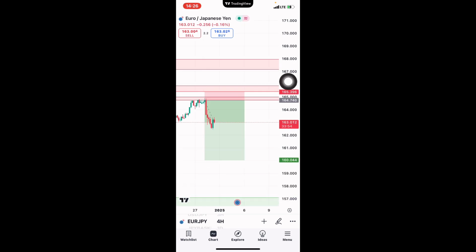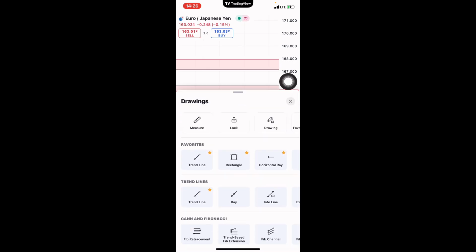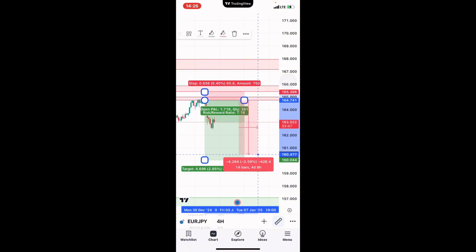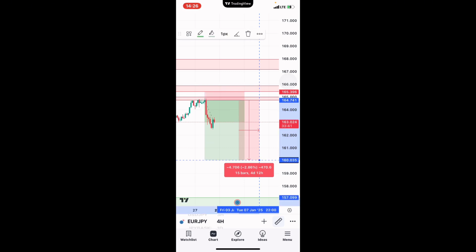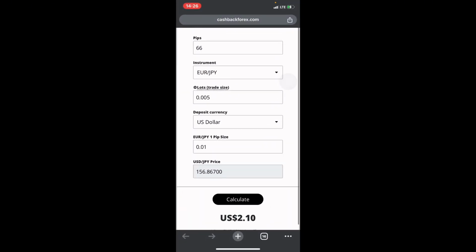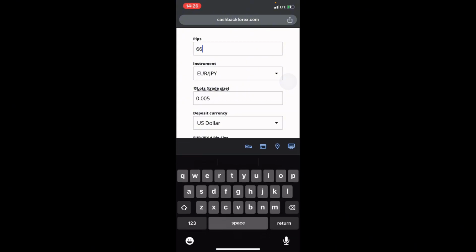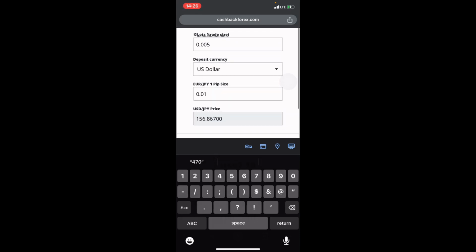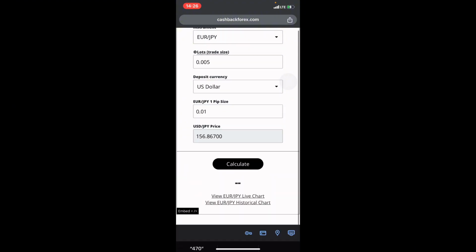For instance, as you can see, this is our ruler, our measure, and like I told you guys, this is what I'm expecting price to dump to, I sell about 470 pips. So now in my $10 account, 470 pips, I'll input it here, 470 pips, and this is the lot size I'm using, 0.005.